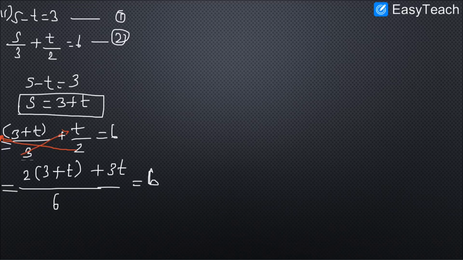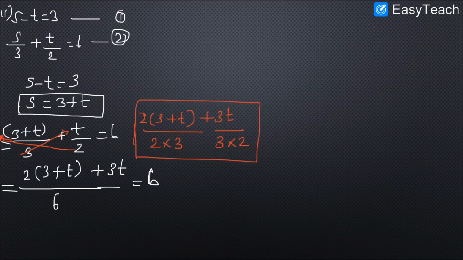I hope you all know how to perform this step, because at the bottom we have the LCM 6. To compensate, to make the numerator and denominator equal, we multiply by 2 in the numerator also, and in the second term I multiply by 3 in the numerator. Actually, this is what I did in this step.